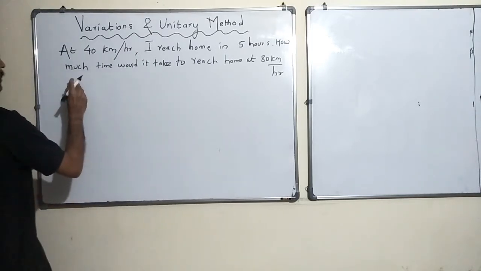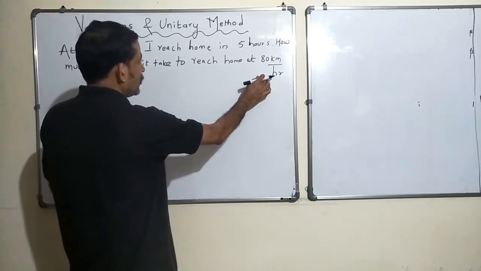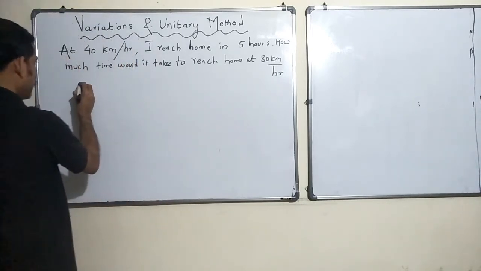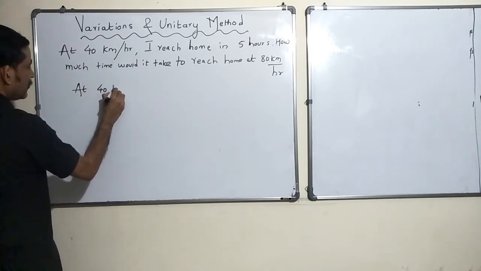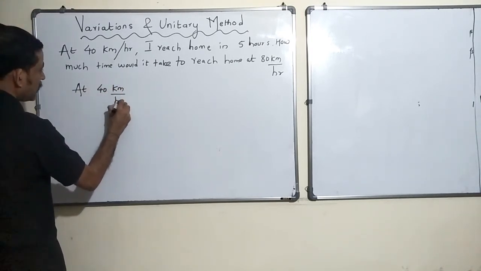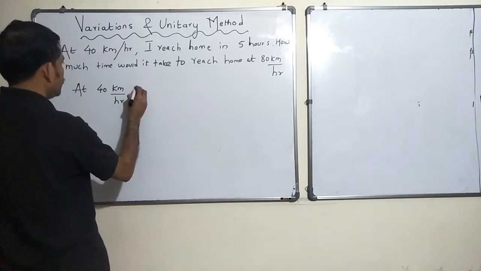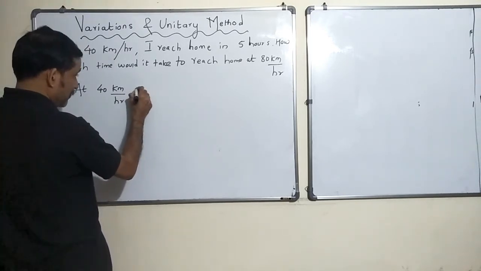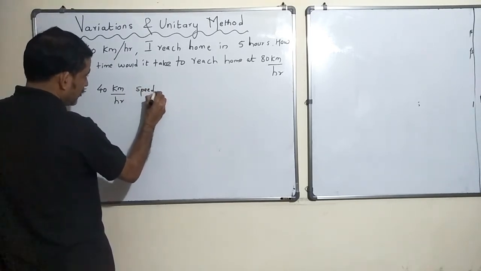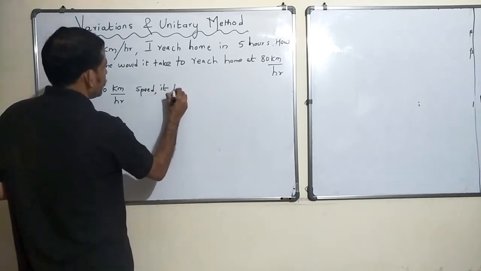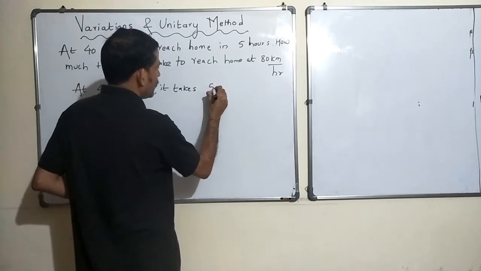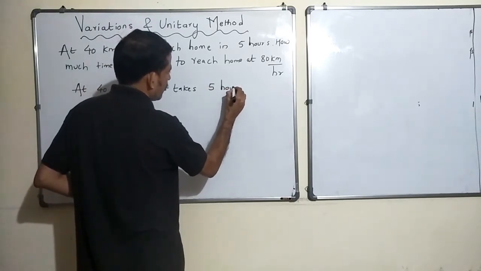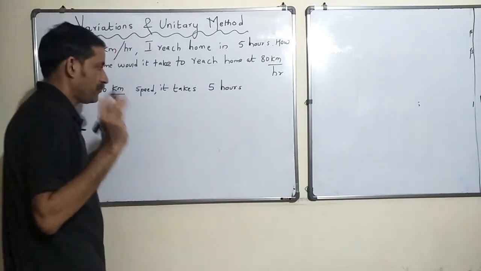So let's do one thing. I'll just say that at 40 km per hour speed, it takes 5 hours to reach home.